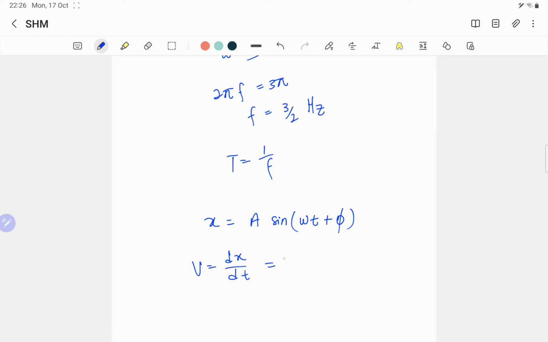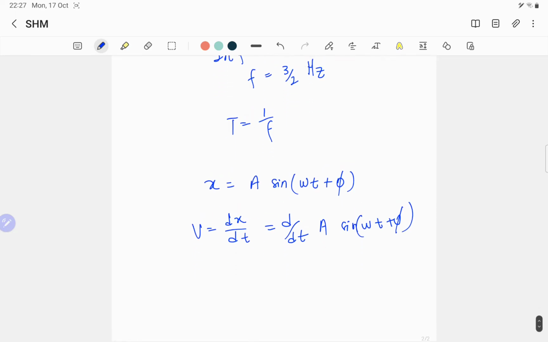We differentiate d over dt of A sine (omega t plus phi). It's a function of time, so omega comes out, and we end up with A omega, and sine becomes cos (omega t plus phi).